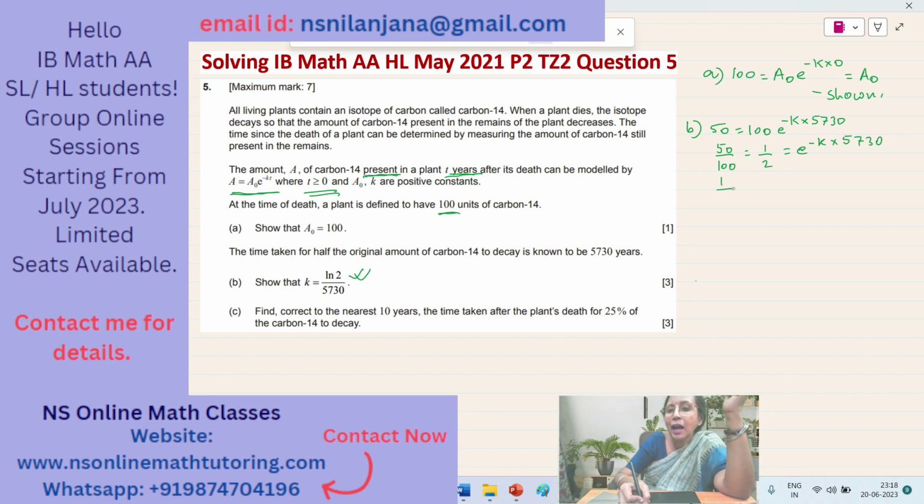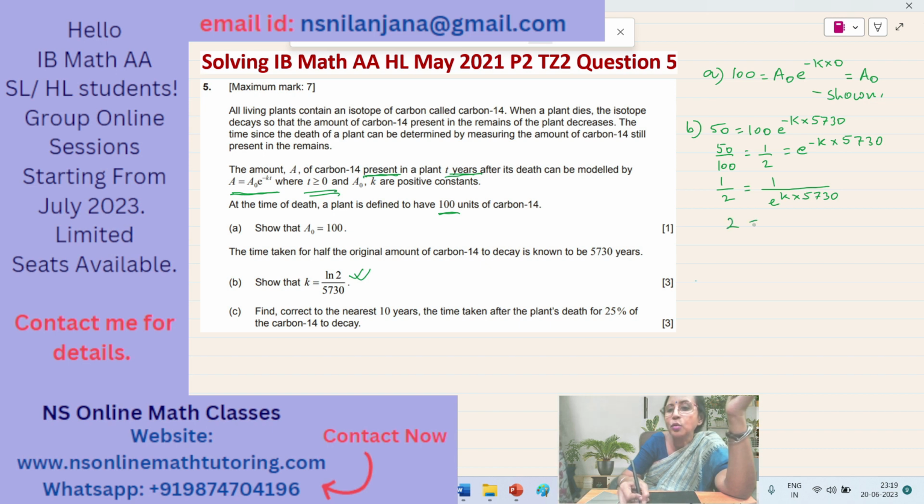So this is half equal to 1 over e to the power of k times 5730, because e to the power of minus k times 5730 is 1 over e to the power of k times 5730. And then I take the reciprocal of both the sides.